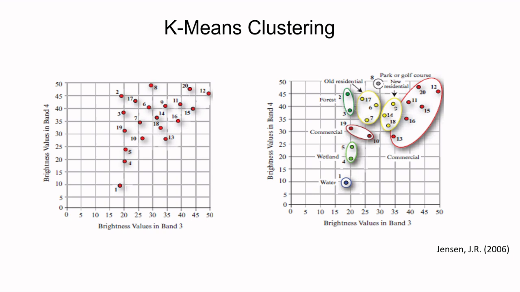So one of the widely used clustering algorithms is k-means clustering, and this is what you're going to use in this session. What you see here is a 2D feature space, where the x-axis is band 3, and let's say band 3 is red light, and the y-axis is band 4, which is near infrared light.